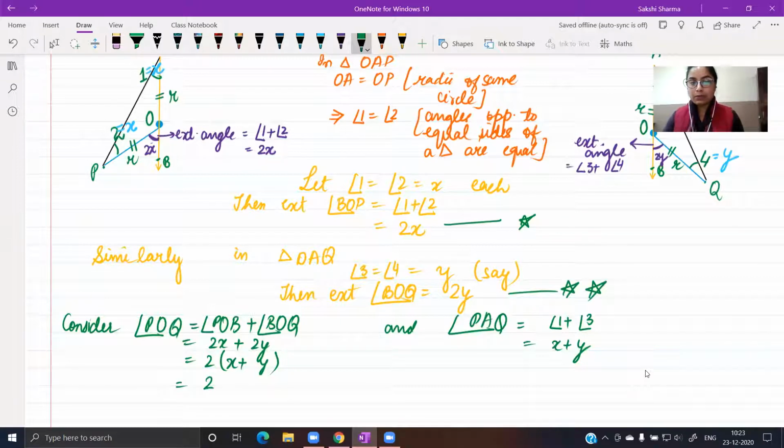And this can be written as twice of angle PAQ.